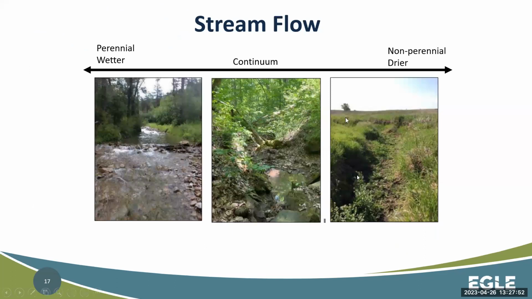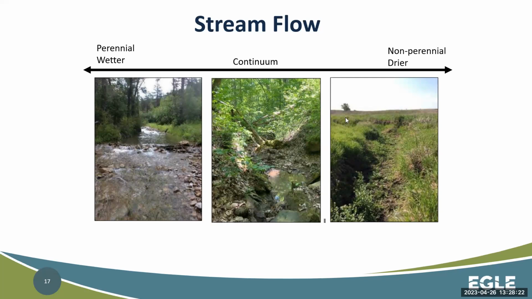So this stream flow really exists on a wide continuum. On one end of the spectrum, you're going to have perennial channels that are wetter, that have your larger stream channels. They persist through the whole year. There's lots of water and flow during all times of the year. And then on the opposite side of the spectrum, you're going to have your non-perennial channels that are drier.